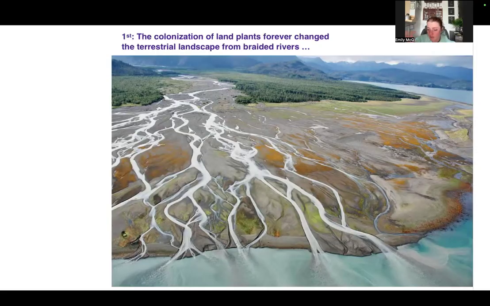And because of the evolution of plants coming onto land, this really started to shape landforms. We started to see landforms change into these river systems that became braided because you had these trees and these plants start to form. And because we started to have trees and plants also start to form, we started to see soil.